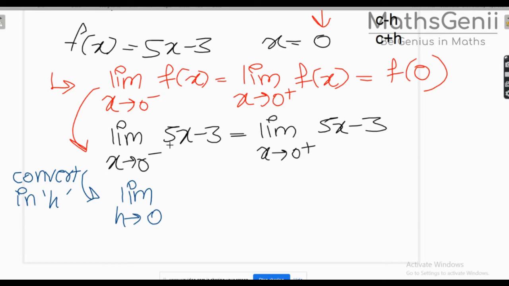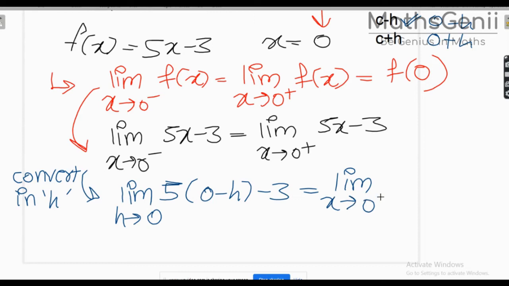Okay, then 5. Now for minus, what I have said is it's c minus h. In case of this question, your c is 0, and here for plus it's going to be this. So 0 minus h minus 3 is equal to limit x tends to 0 plus 5. Whenever you have plus, you're going to write c plus h, which is 0 plus h minus 3.